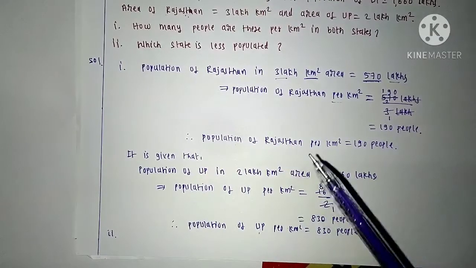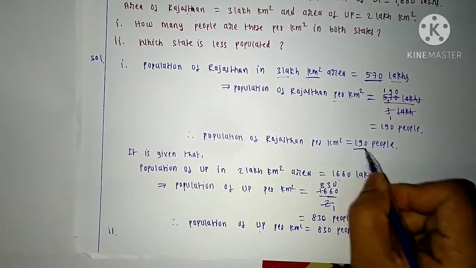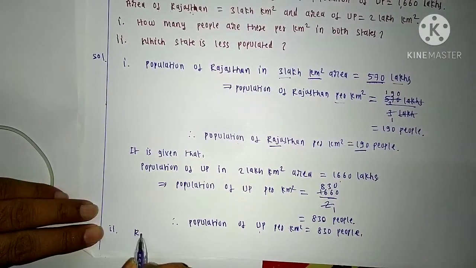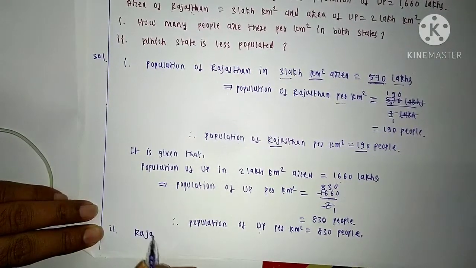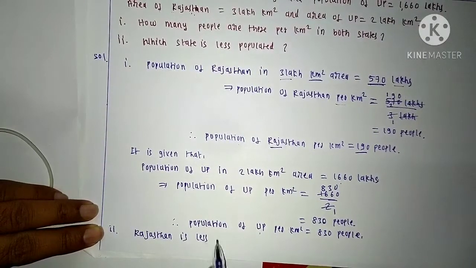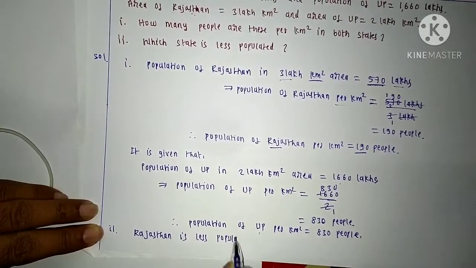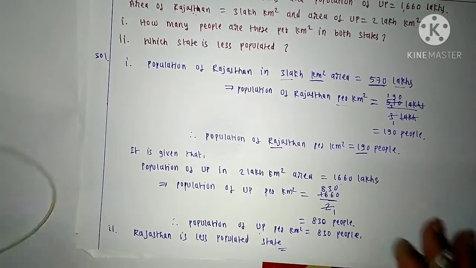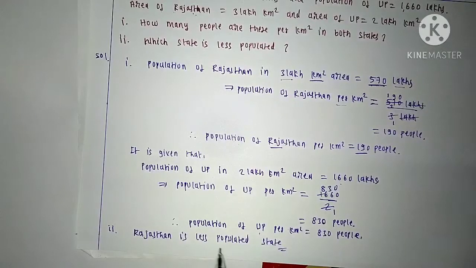So which is the less populated state? It is clearly Rajasthan. So we can conclude that Rajasthan is the less populated state.